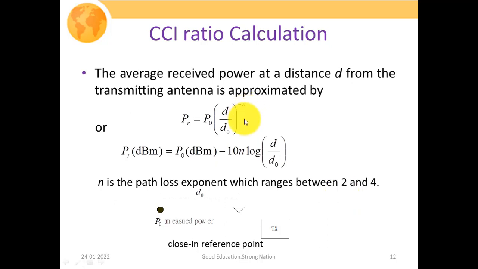Via simple application of the Friis relationship, we can obtain the received signal strength with this formula. Converting it to the dBm scale, we may write Pr in dBm equal to P0 in dBm minus 10n log of d over d0.